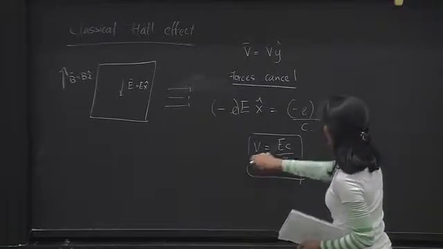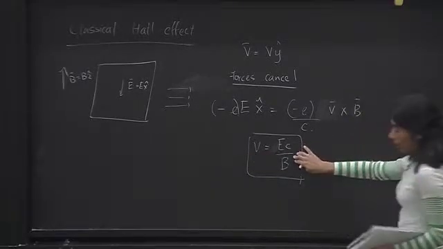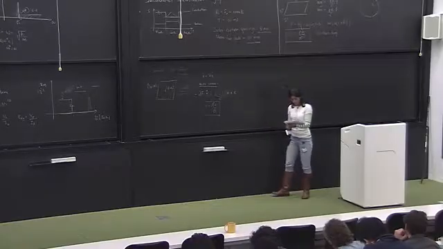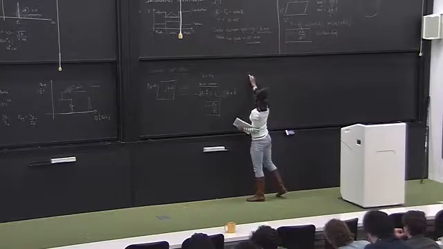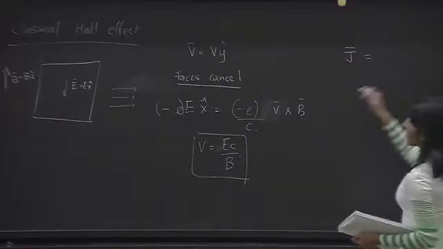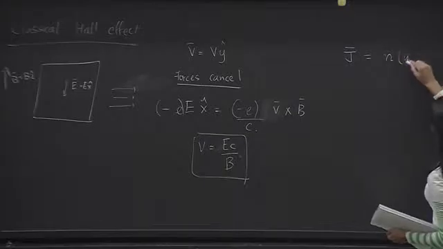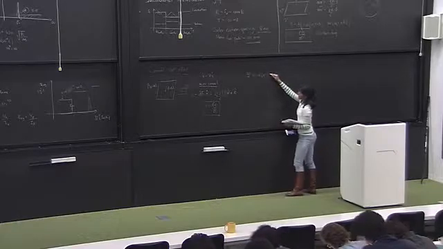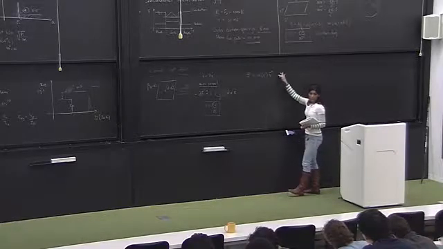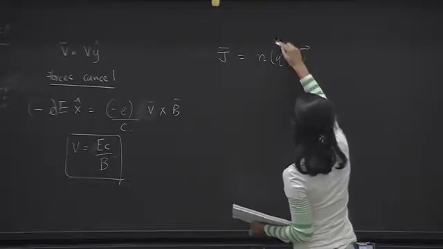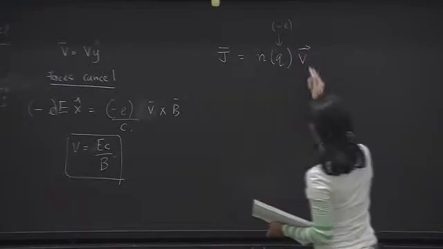So anyway, important point: the drift velocity is the ratio of E over B, independent of charge. And now if you calculate the current, remember, it is the density of electrons n, times the charge q, times the drift velocity. This is the formula for the current density in the y direction. The charge of the electron for me is minus e.